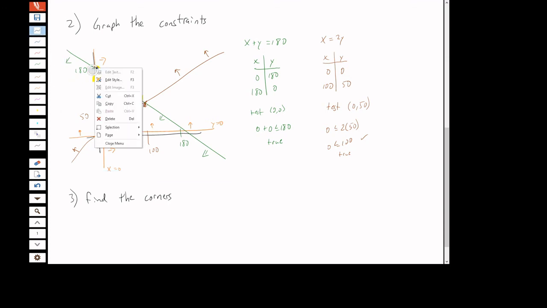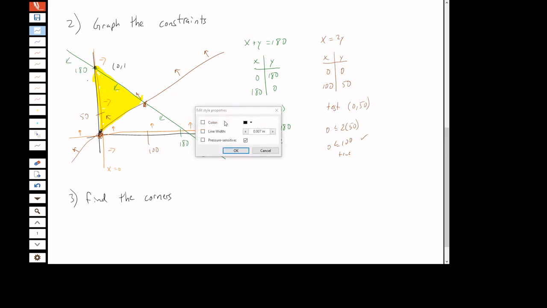So this point here, I know my y value is 180 and the x value is 0. So I have 0, 180. This point here is 0, 0. Alright, and then this point here I don't know.